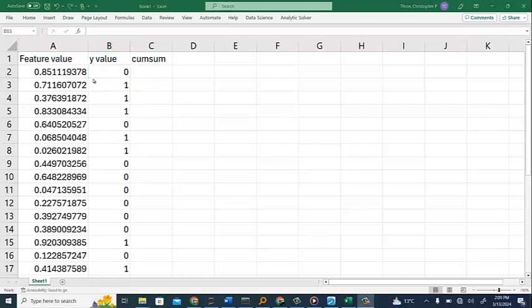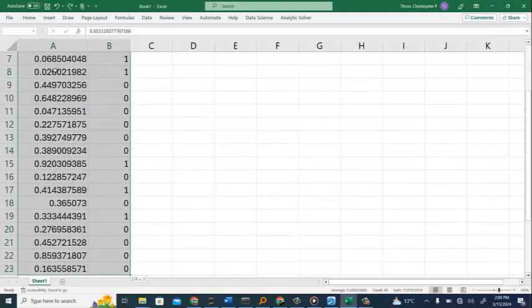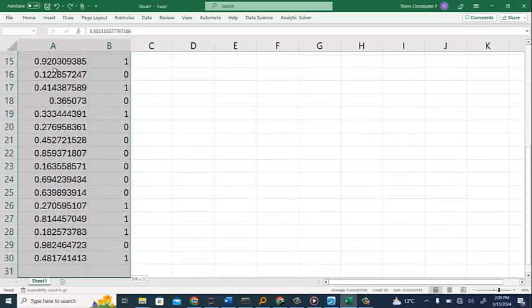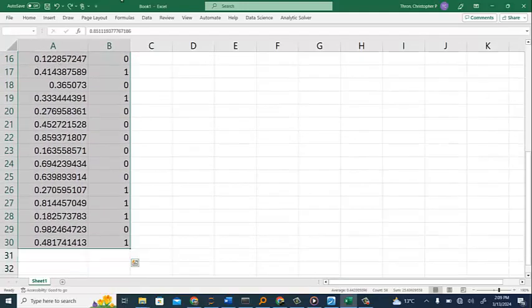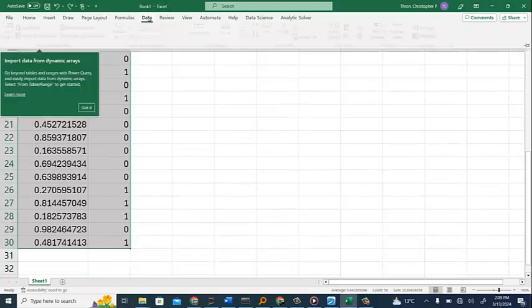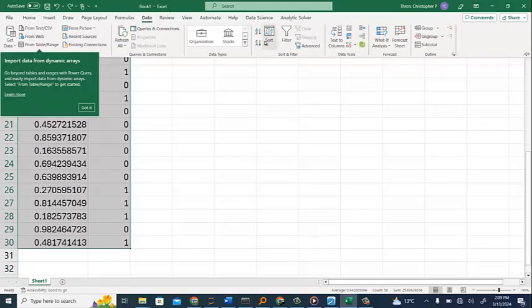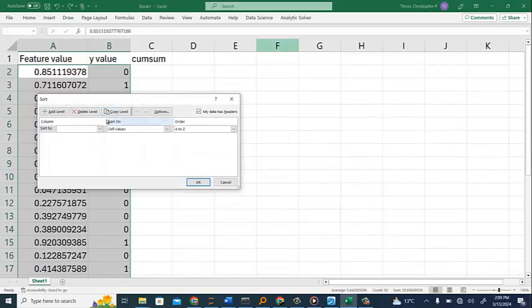So first let me sort the feature values, which is what we did in Python. And we want to make sure that the Y values are also rearranged corresponding to the sorted feature values. So I can take the data, go to data, then go to sort, and I want to sort by the feature value, smallest to largest, and we have this.